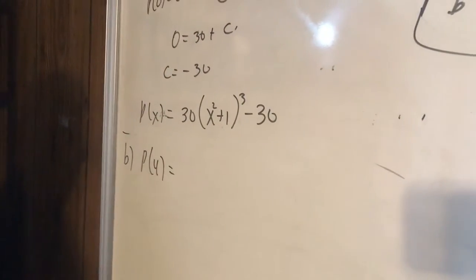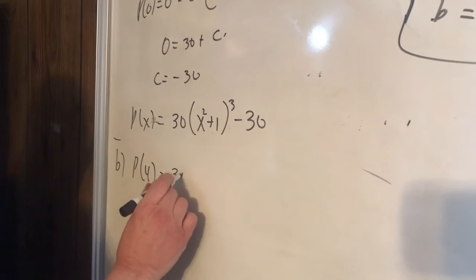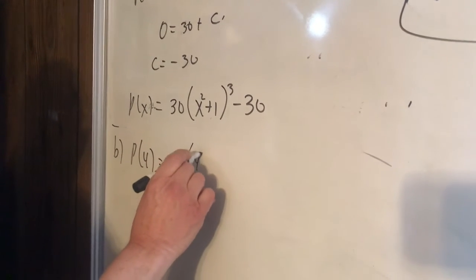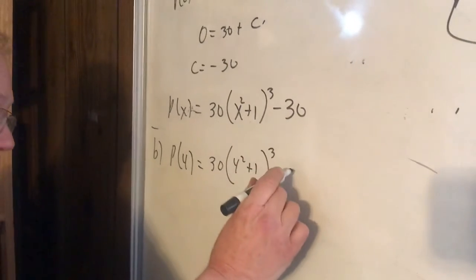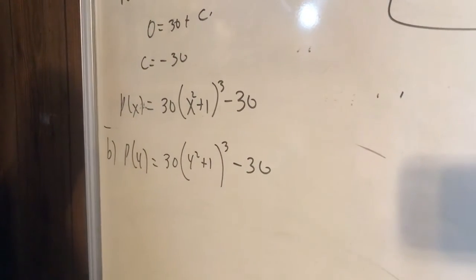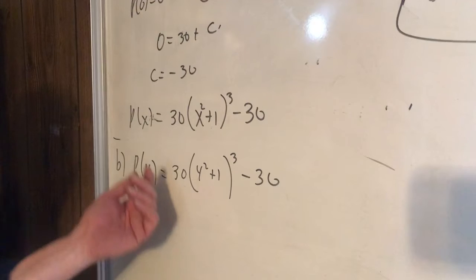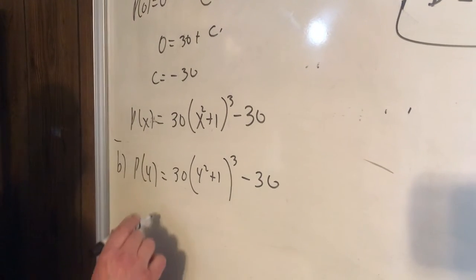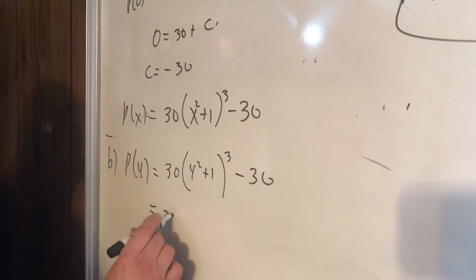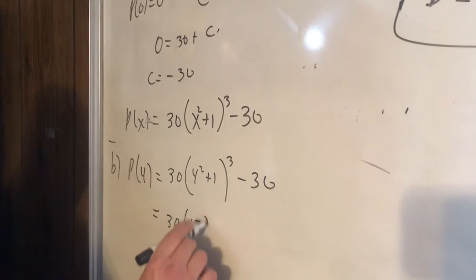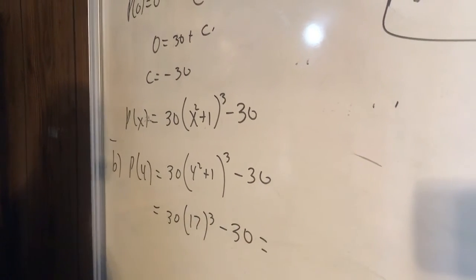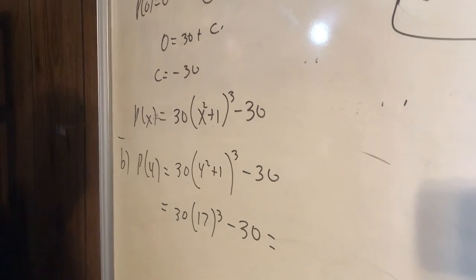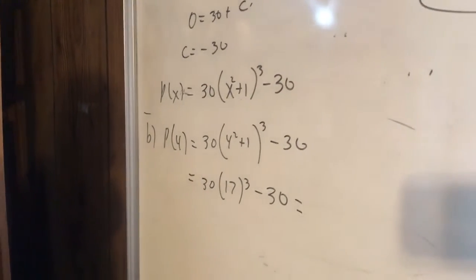So I'm going to substitute in here 30 times (4 squared plus 1) to the third minus 30. Since I didn't devise this, it's not going to come out even. So 30 times 17 to the third minus 30. 17 to the third. Wow, that's humongous.